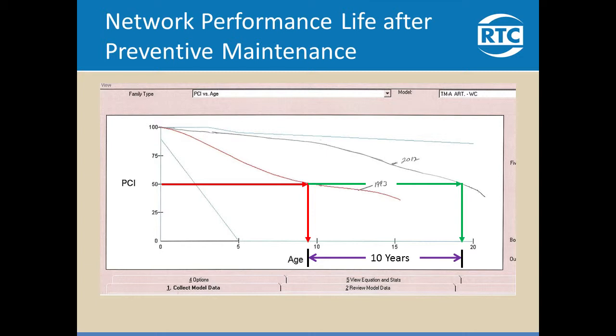And so in the 2000s, we took over the maintenance of the regional Washoe County roads, which are the higher volume collectors and arterials. And so back in 1993, a typical road to get to a PCI of 50, which is typically the threshold for poor, would take about 9 years. And so he kept going along, and he was very aggressive at doing pavement preservation stuff.